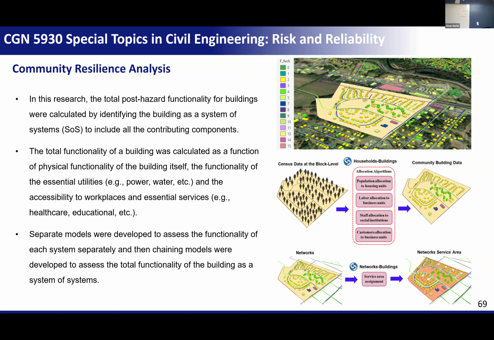Here, the blue one is the water network. The water network goes like this, and there's a neighborhood. There's a link here, and the water line goes inside this block so that it can feed water to each building, right? So there's an algorithm that we can develop to link every building with every point on the network. Same thing with the transportation network. We can link every building with every point on the transportation network.